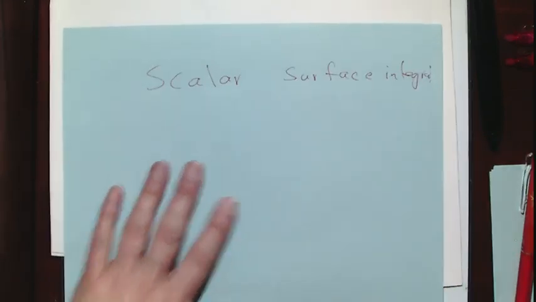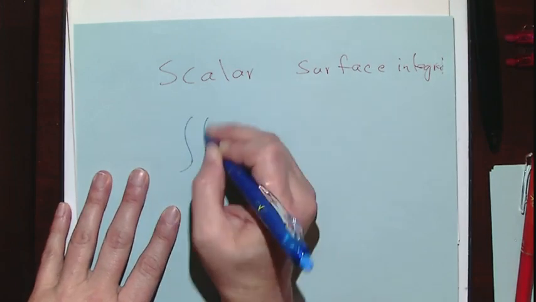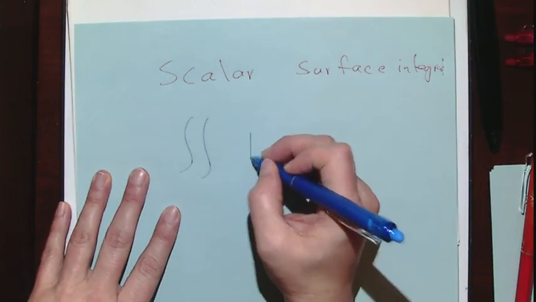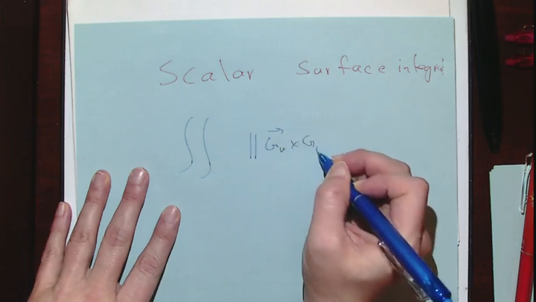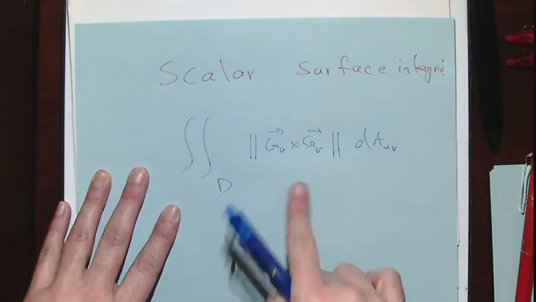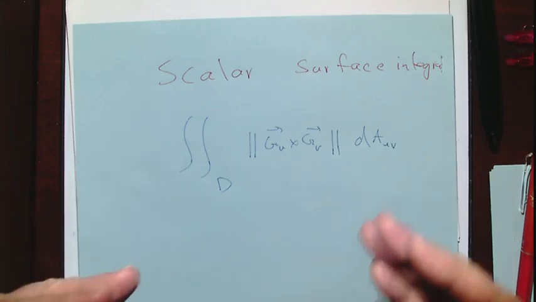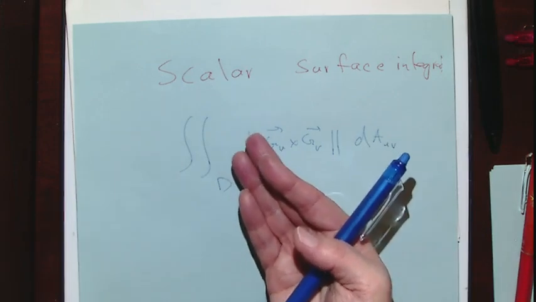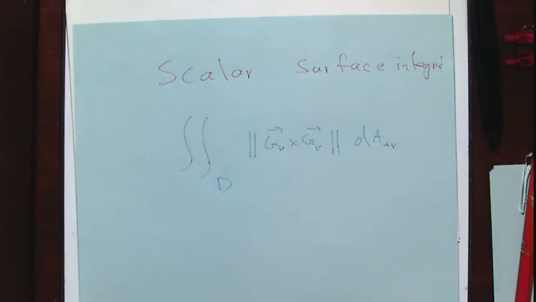That should have been... What was this, my friends? What was this integral? What was this? Surface area. If I stick a surface function in here, what do I get? I get a scalar surface integral.